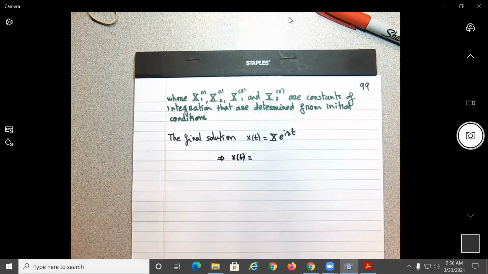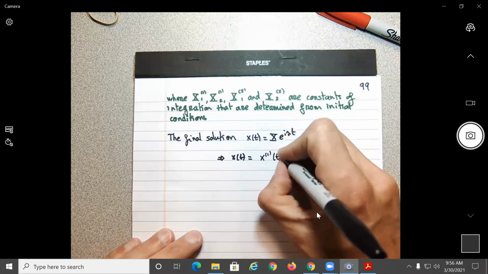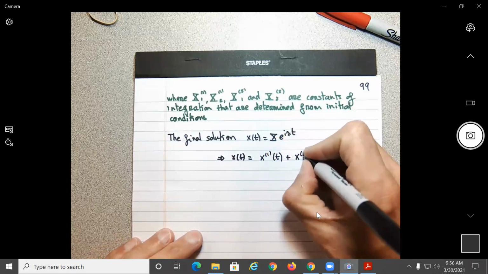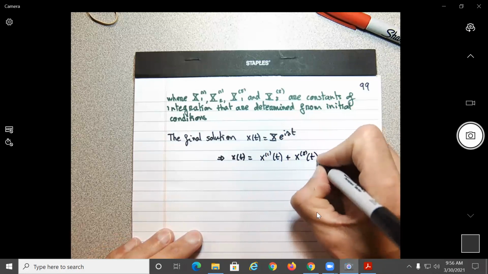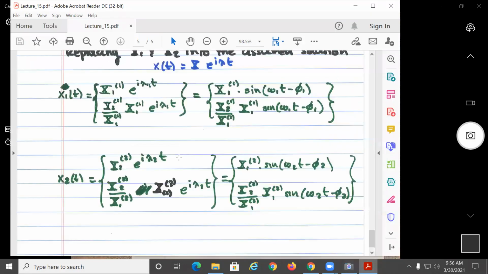So our solution at the end would be what? Would be x1 of t plus x2 of t, where each one of the solutions would be this equation here after you solve for the constants of integration. Okay?